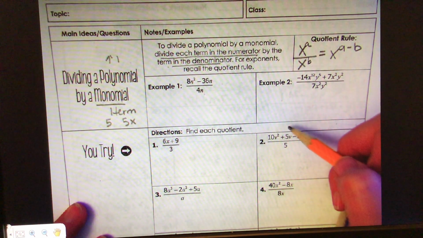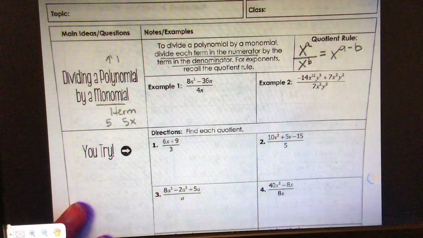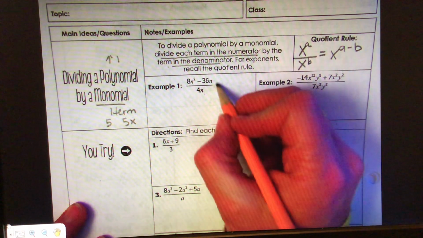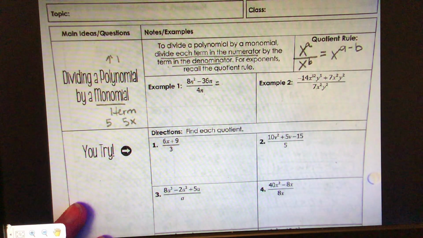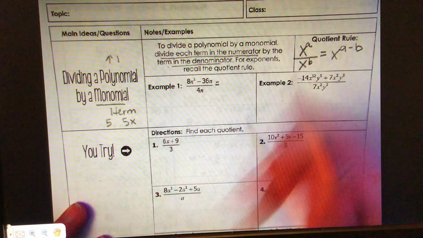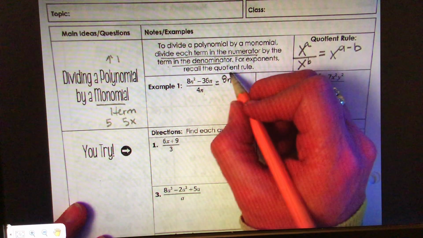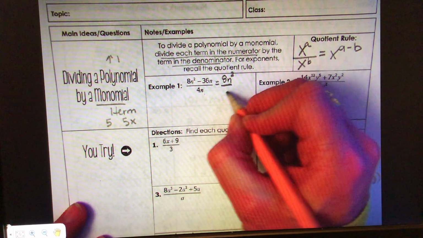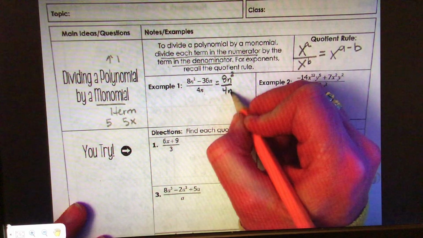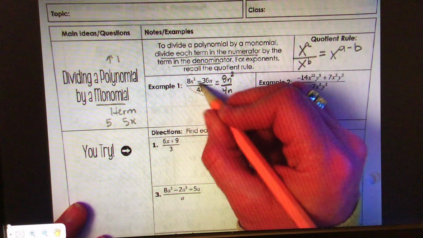So here we go, the first example. It's really helpful to rewrite these when you're first learning this as two different division problems, if you think about it that way. So this could be written as 8n squared over 4n, because that's this part.